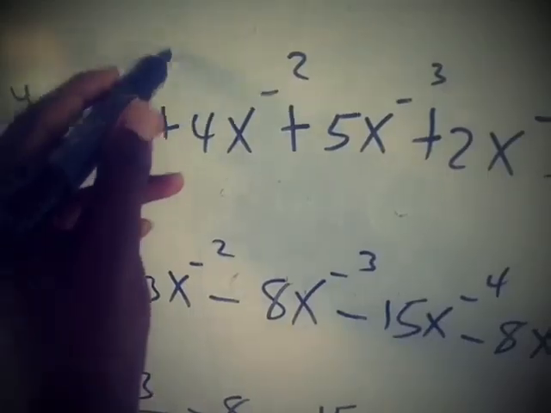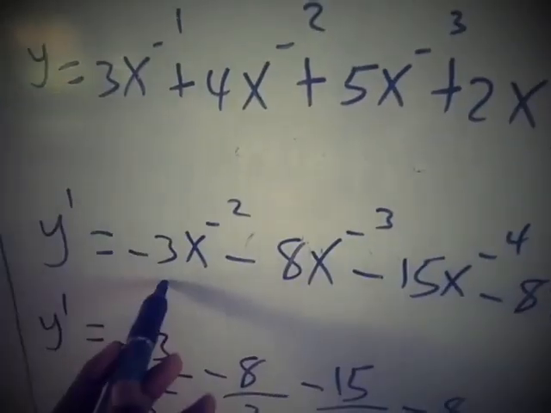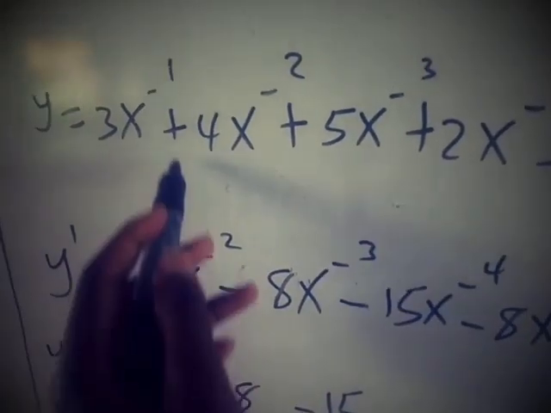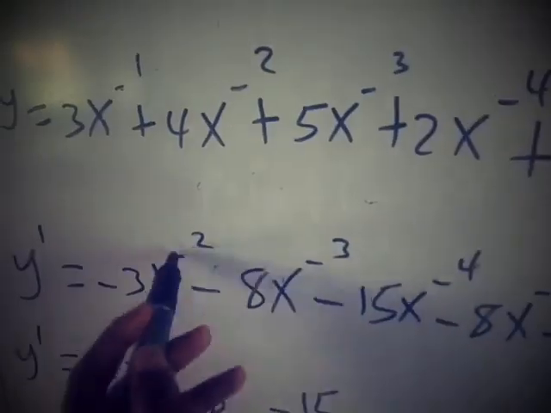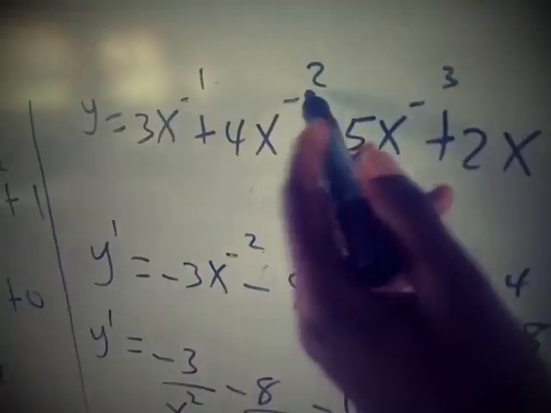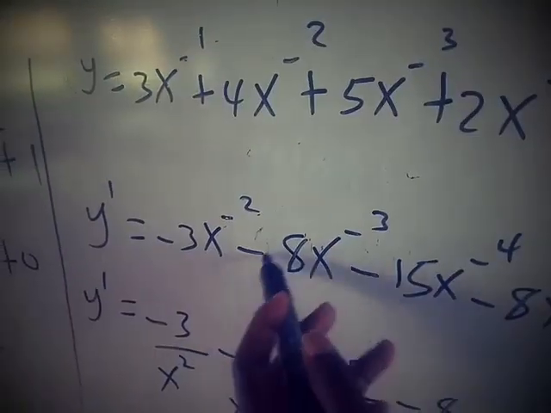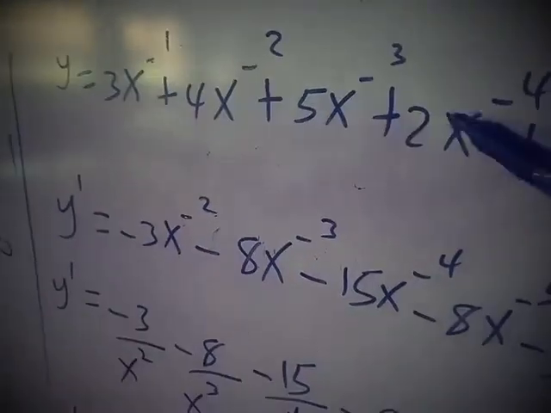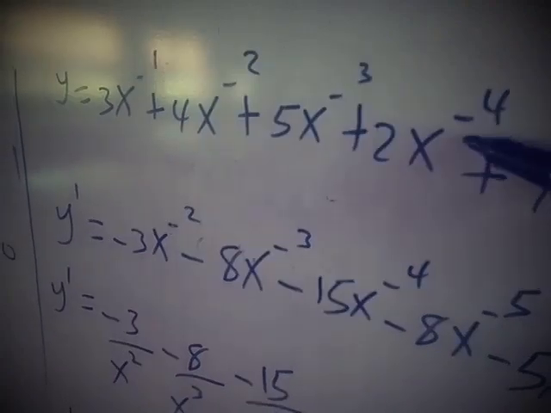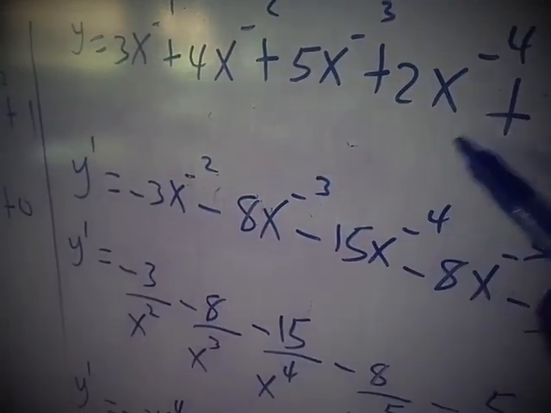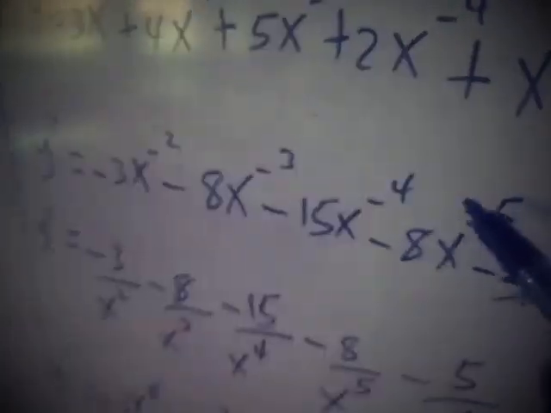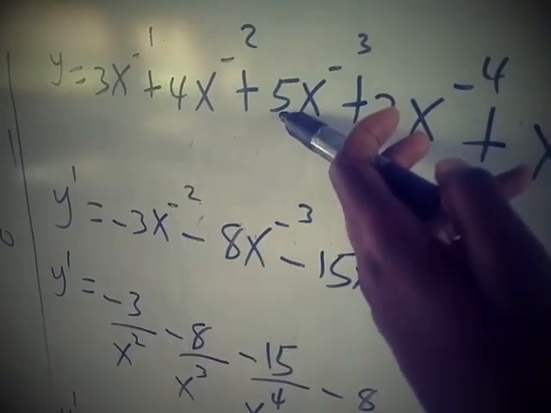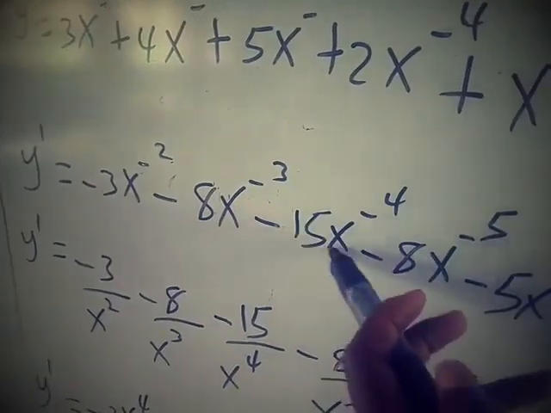So when you differentiate this, we will have 3 times negative 1, which is negative 3, times x, negative 1 minus 1 is negative 2, plus negative 2 times 4, which is negative 8, negative 2 minus 1 is negative 3. Then you have 2 multiplied by negative 4, which is negative, here you have 5 times negative 3, which is negative 15.